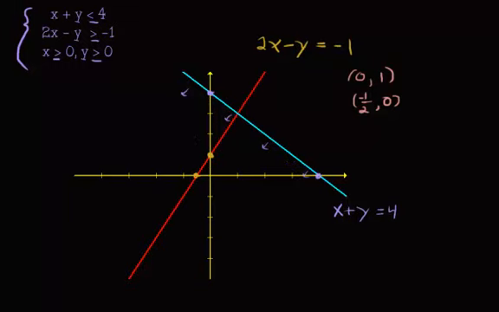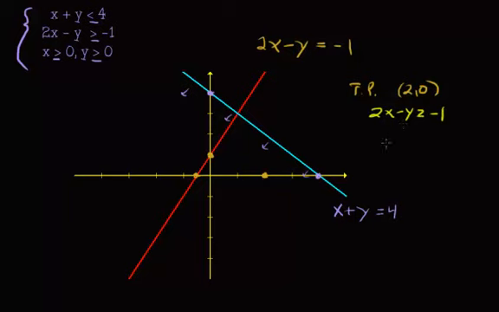Okay, now which side do we have to shade? So we're going to go ahead and do our test point over here. For a test point, how about we do this point right here, 2, 0. All right, so we got 2, 0. Okay, so with the original inequality, so let me write the original inequality again, which was 2x minus y greater than or equal to negative 1.